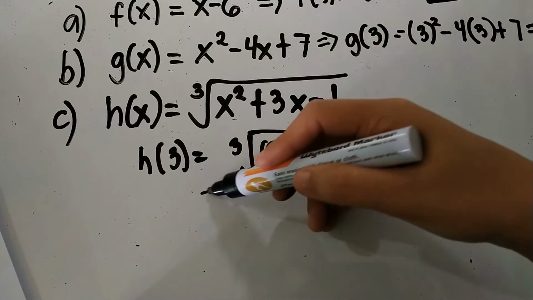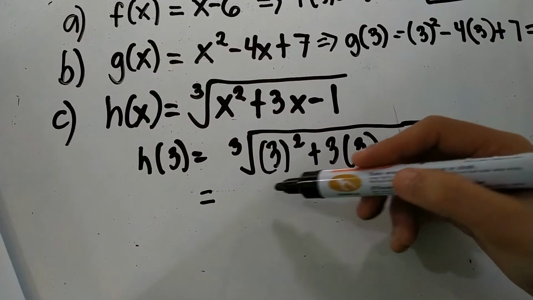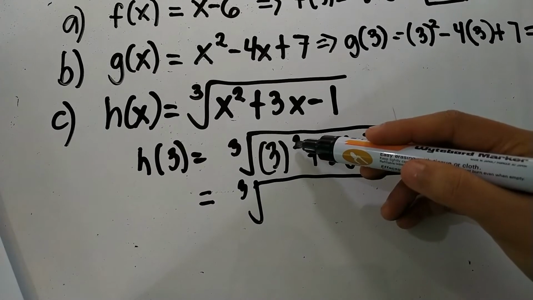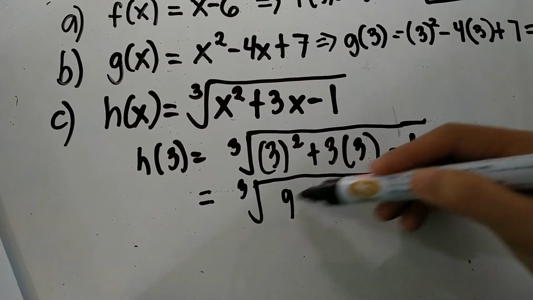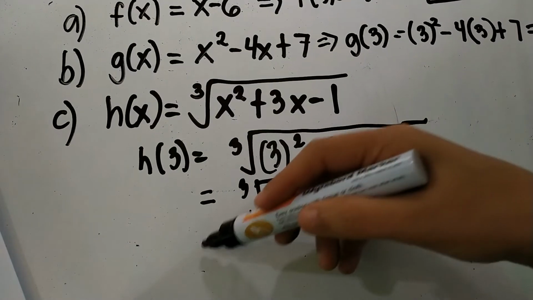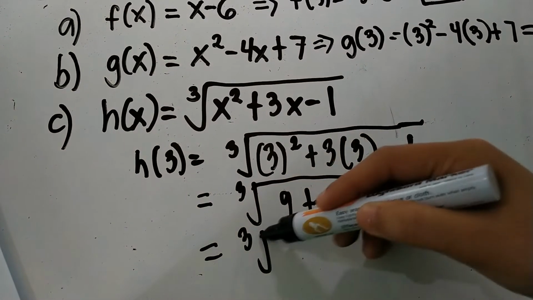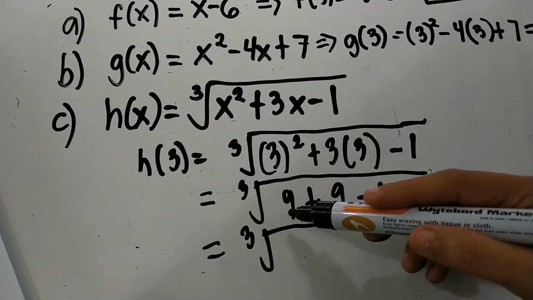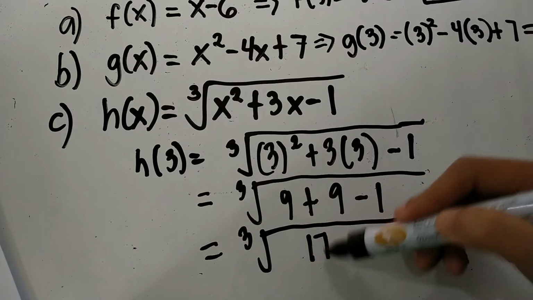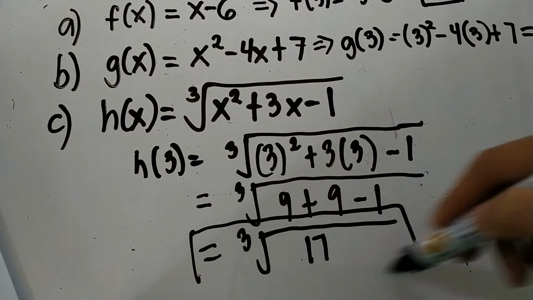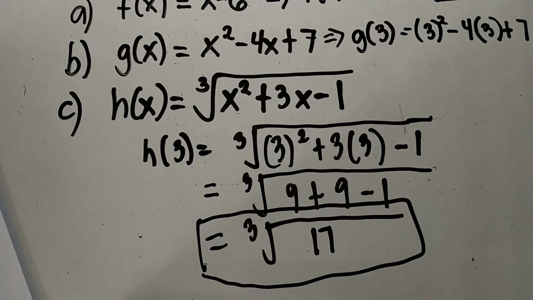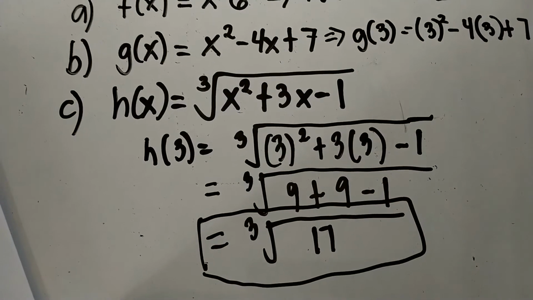Enclose natin siya dyan. So what's the answer? The cube root of 3 times 3, because 3 squared is 9. 3 times 3 is literally 9 minus 1. This is the cube root of 9 plus 9, 18, minus 1, 17. And this is the final answer. Wala naman kasi siyang direct cube root of 17.